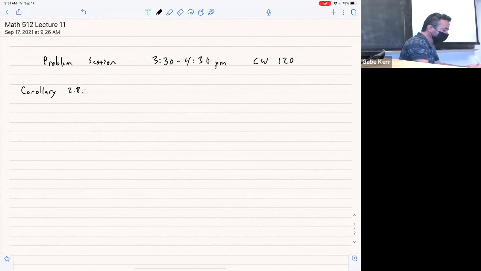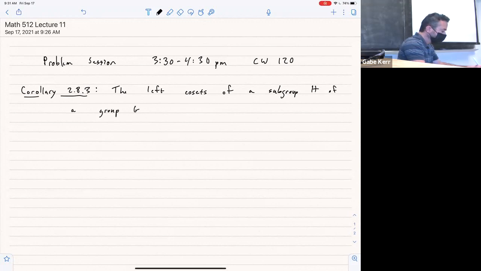Some of these corollaries are short, so I'm not going to copy them over. I'll just write them out. It says the left cosets of a subgroup H of group G partition the group.